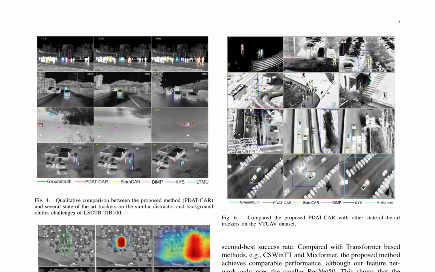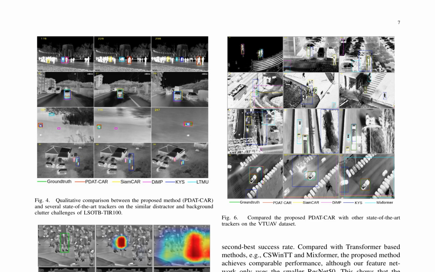The results demonstrate that PDAT-CAR achieves state-of-the-art performance on these datasets, outperforming existing trackers such as DiMP and SiamCAR. A qualitative comparison between PDAT-CAR and several state-of-the-art trackers on the LSOTB-TIR 100 dataset shows the ability of PDAT-CAR to accurately track targets in the presence of similar distractors and background clutter.